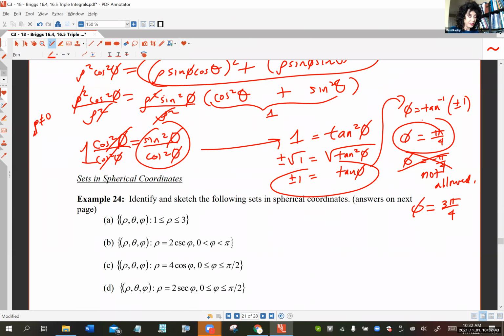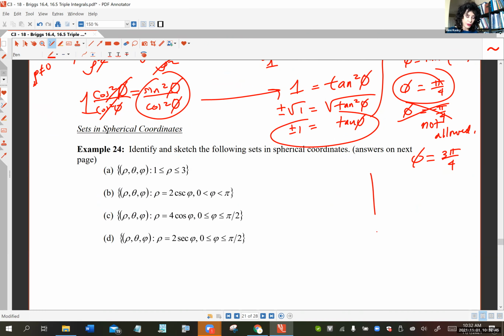So what of it? What is phi equals pi fourths? What does that surface look like? It turns out it's all the points whose angle with the positive z-axis is pi fourths. And it turns out to be an upper nap of a cone, because all the points that live on this ice cream cone are pi fourths away from the positive z-axis.